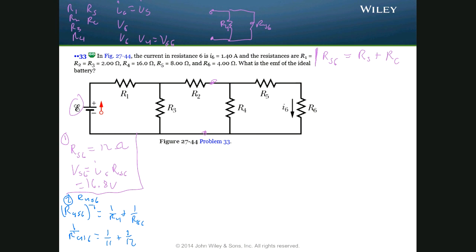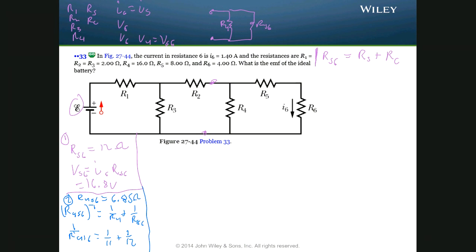I get 6.85. So, all right. So that's going to make this equal to 6.85 ohms.